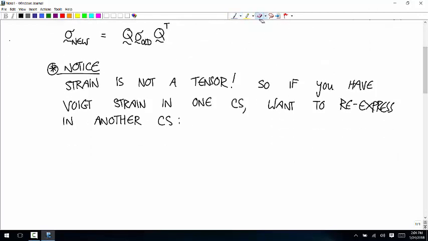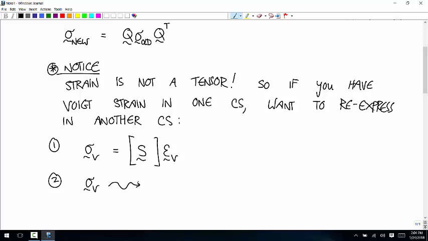Steps that you have to make are, first, calculate the Voigt stress by multiplying the stiffness matrix times the Voigt strain. Okay. Now that you have the stress, go from the Voigt stress to the stress tensor.